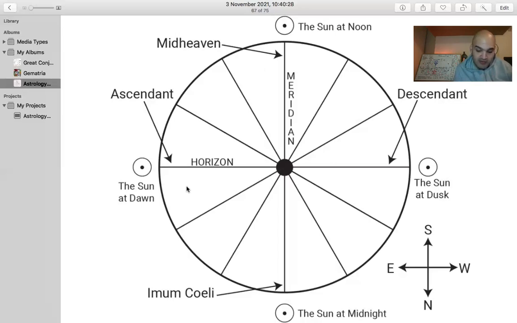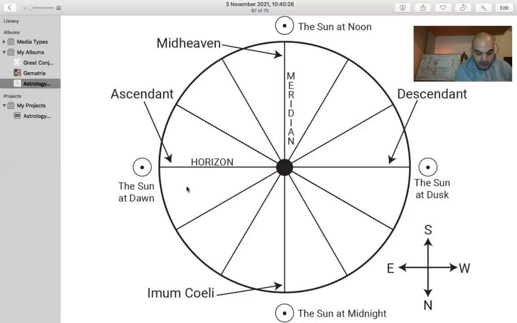The descendant reveals the individual's attitude to partnerships and what he or she seeks in a relationship. The MC rules the need for public recognition, status, community and society, and the career. And the IC governs the home, the family, the background, and the need for psychological roots and stability.